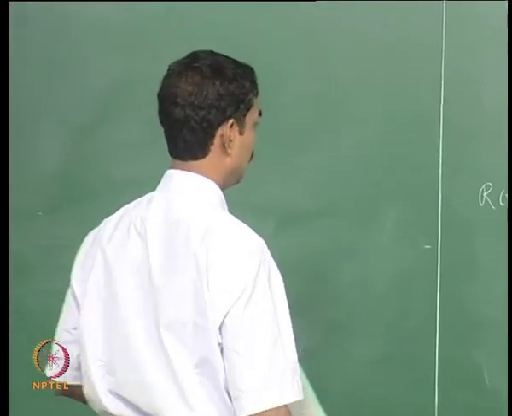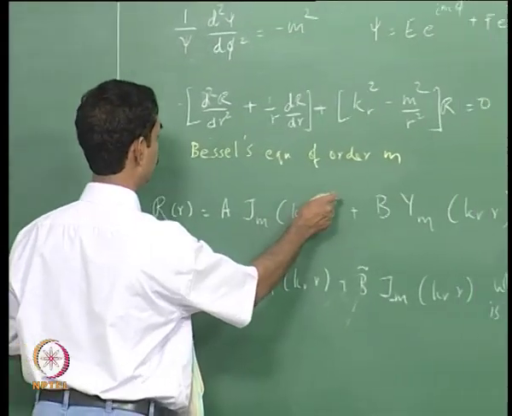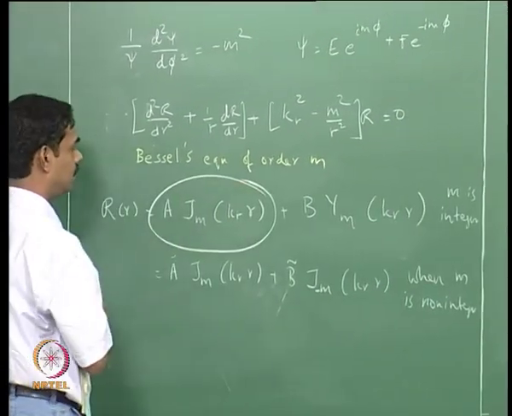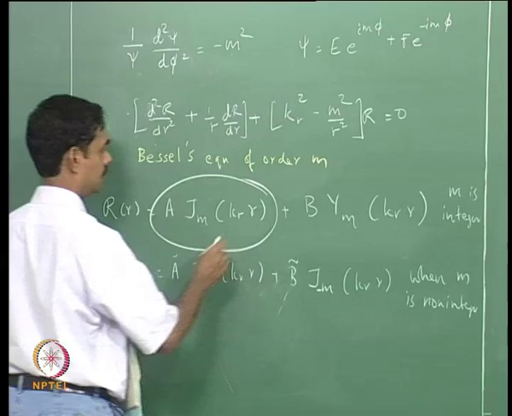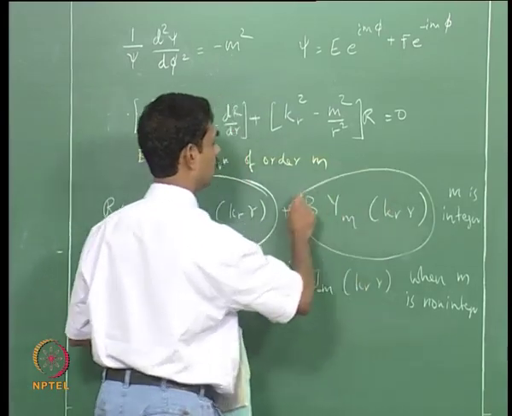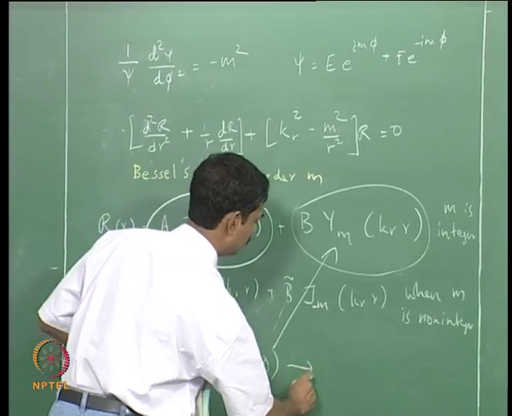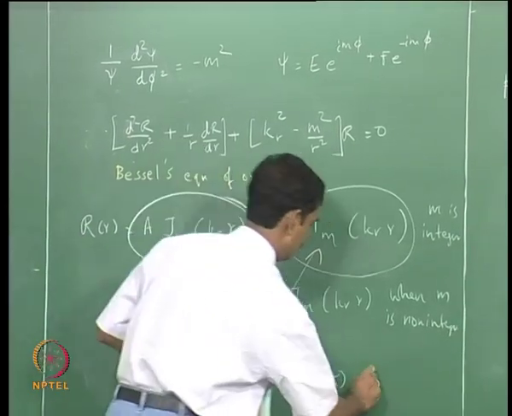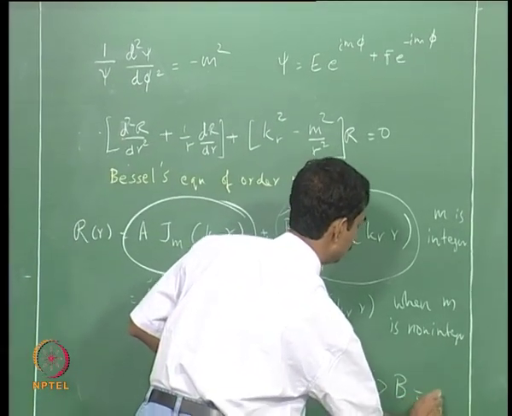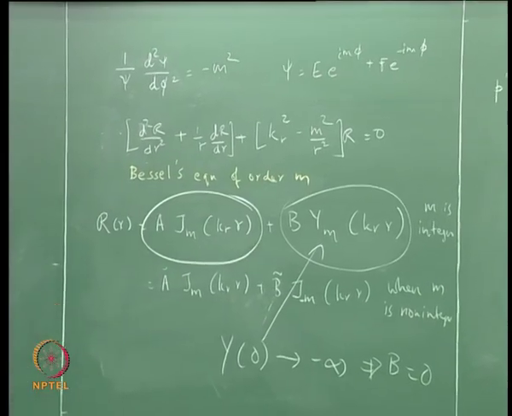So if you have a circular tube, it is enough to keep this solution, and in summary we can drop this because Y of 0 goes to minus infinity, which should imply B equal to 0.